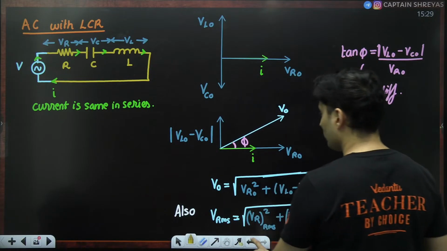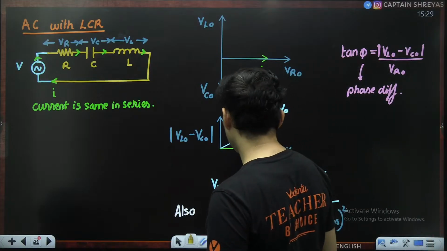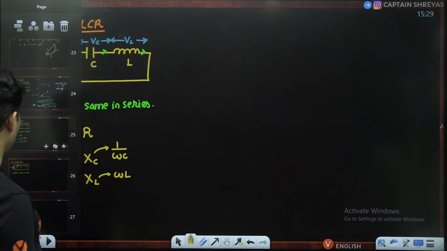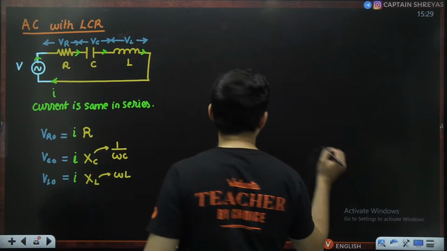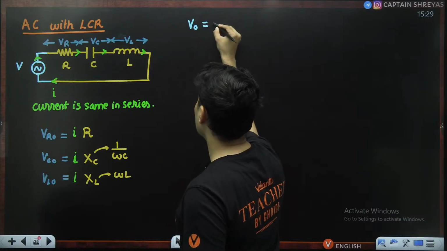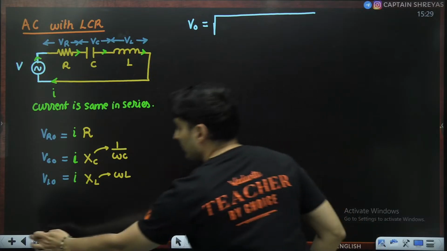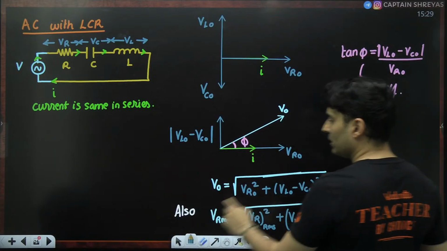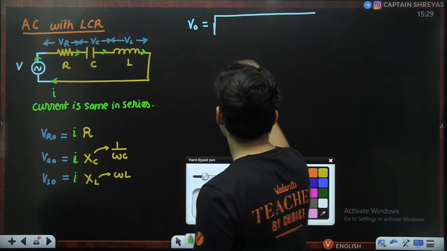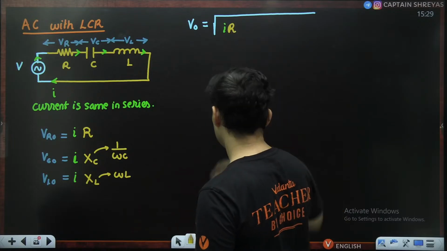Over here. Observe now carefully. I'm going to substitute over here. So what am I going to get? Let's see. So V naught is equal to root of, instead of VR naught, I'm going to put IR. I'm just going to put current into basically resistance.